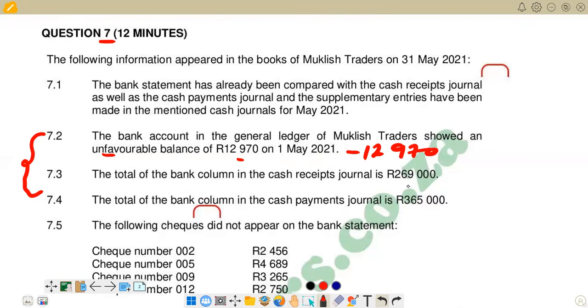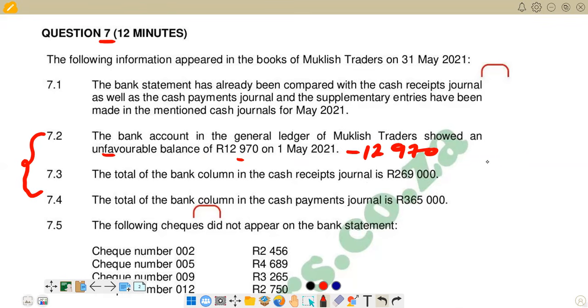We are told that the cash receipts journal is 269,000. When it's cash receipts, it's a positive, and when it's cash payments, it's a negative balance, because on cash receipts we are receiving money, so it's positive. On cash payments, we are making payments, money is going out of the business, so it's a negative balance.